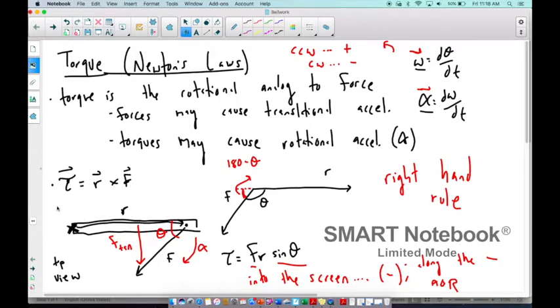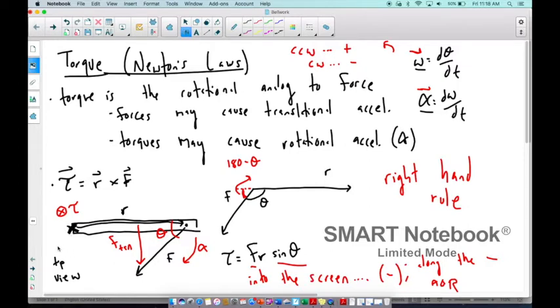Okay, if I wanted to draw the torque here, how do I draw something that's going into the screen? Well, I can put a little circle, draw an X in that circle, and that is my torque vector. That X represents it going into the screen away from me. It's like you've shot an arrow, and what you see as the arrow leaves you is the tail feathers of the arrow. That's how I remember it. What if torque is coming out at you?